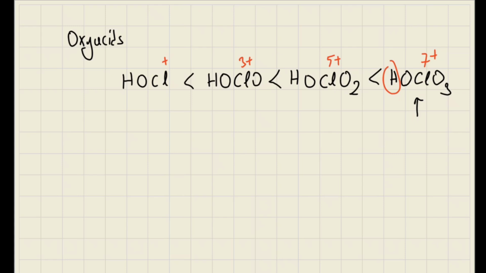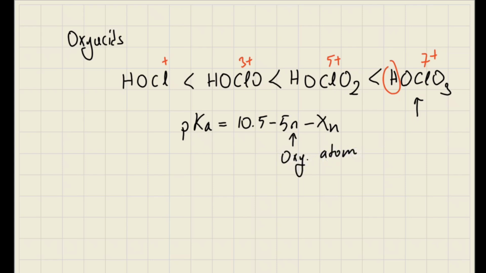And for these kinds of acids, pKa can be calculated as 10.5 minus 5n minus x, where n is the number of oxygen atoms except the OH group oxygen, and x is the electronegativity value of the central atom.